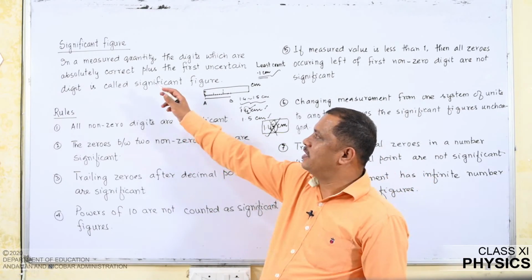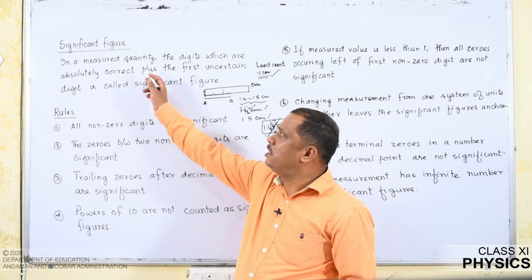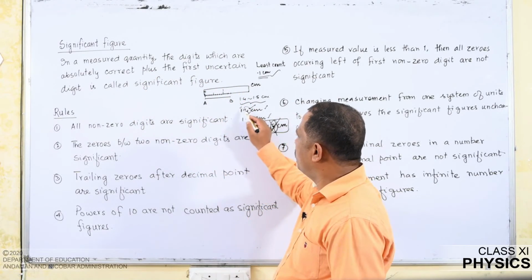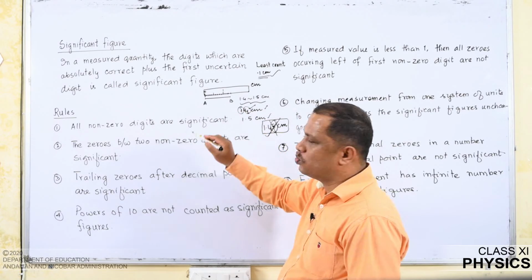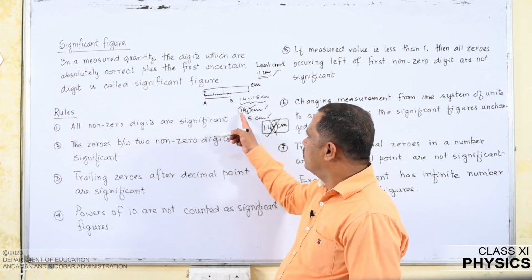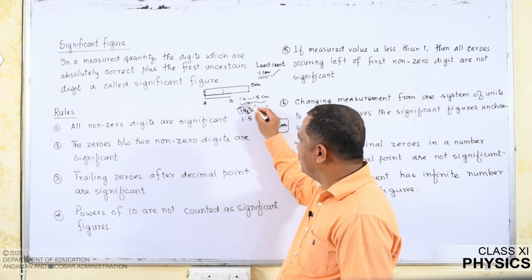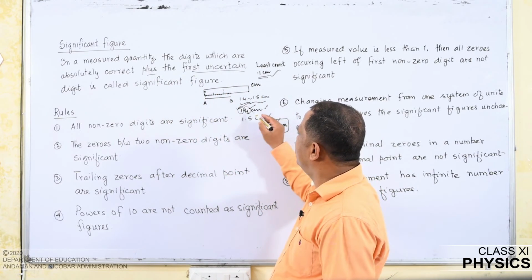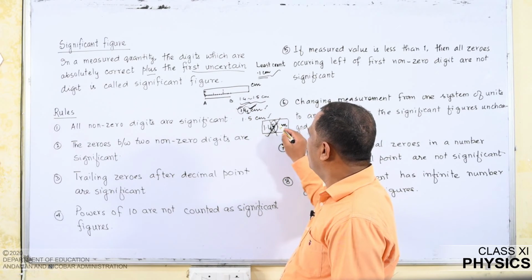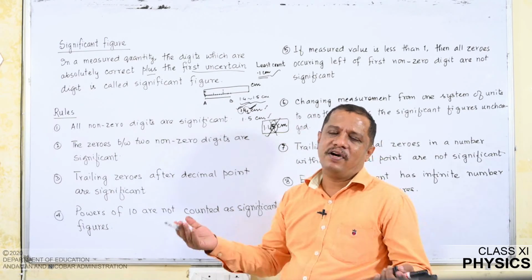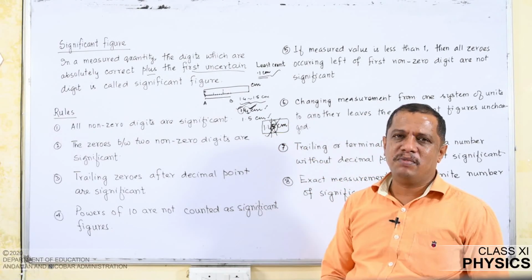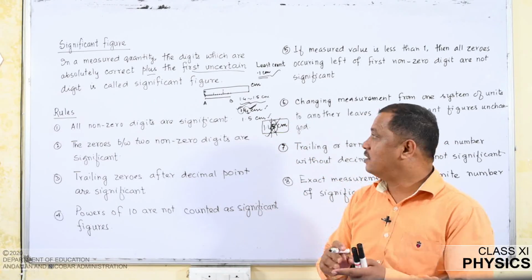So, here the definition says that whenever we measure any quantity, the digits which are absolutely correct, for me the absolutely correct digit is 1 now. So, the absolutely correct digits plus the first uncertain digit, the first uncertain digit is 4. I cannot write 5. If I write 5, that will not be taken into account because I will be expressing my answer in terms of the least count only.